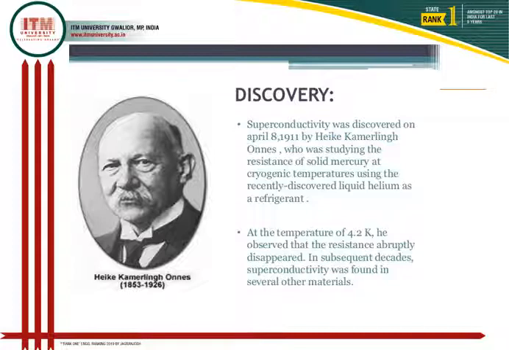He was studying the resistance of solid mercury at cryogenic temperatures using the recently discovered liquid helium. He was using liquid helium as a refrigerant. But what he observed was that at a temperature of 4.2 Kelvin, the resistance abruptly disappeared.